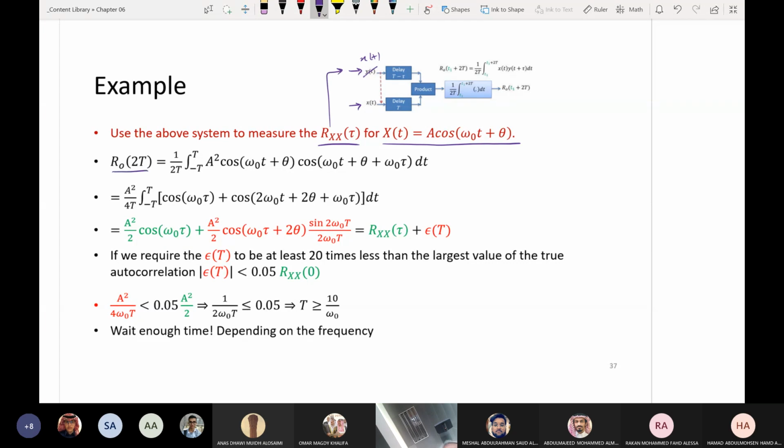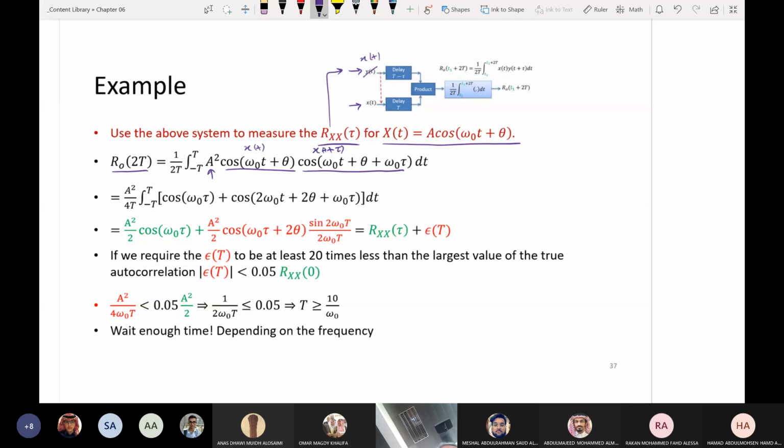So r0 of T will be the integral of x of t multiplied by x of t plus tau. And we have here a squared because we have the amplitude multiplied twice. You integrate from minus T to T, divide by 2T.